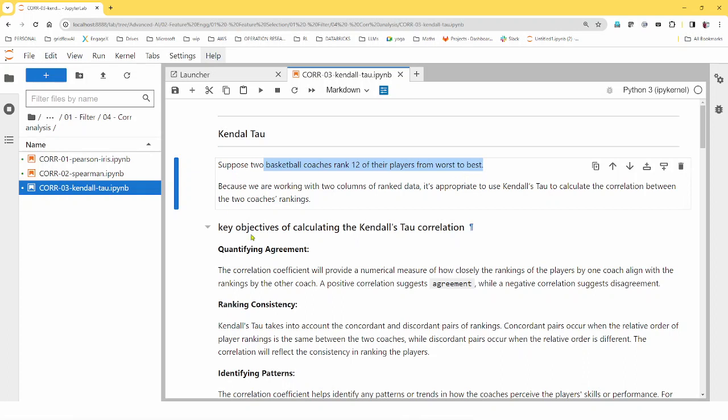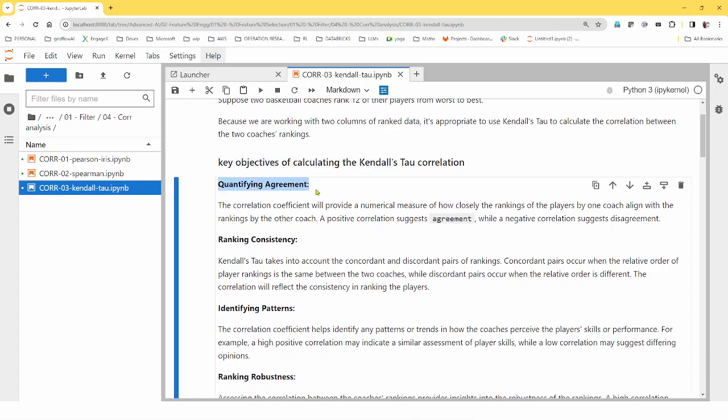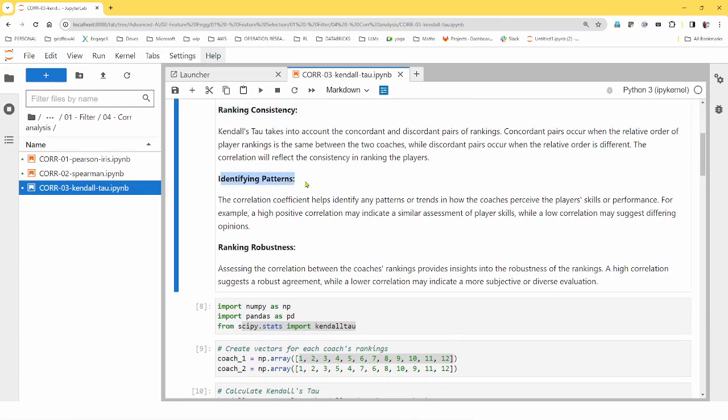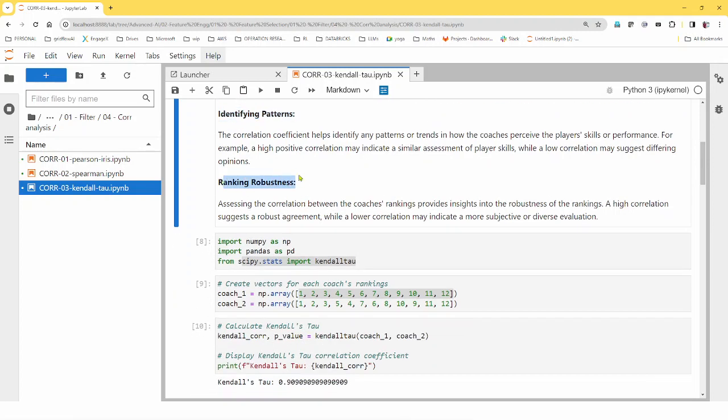So the objective of the system here is to find out if the coaches agree with their ranks, whether you have a ranking consistency or not, whether the coaches are applying a consistent method of ranking or not. You can also find out some patterns in the ranks if you compare a few coaches' ranks on the players. Overall, it is going to build a robustness of ranking system.